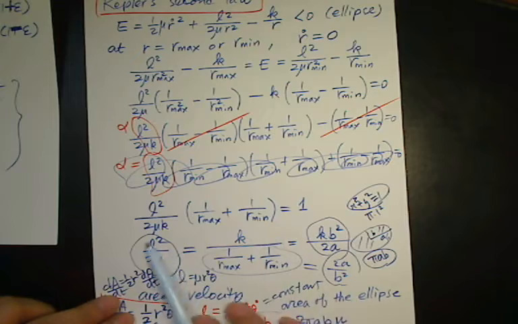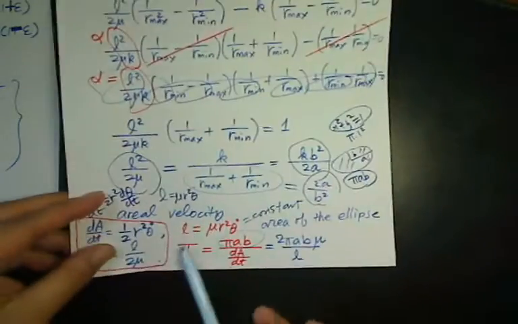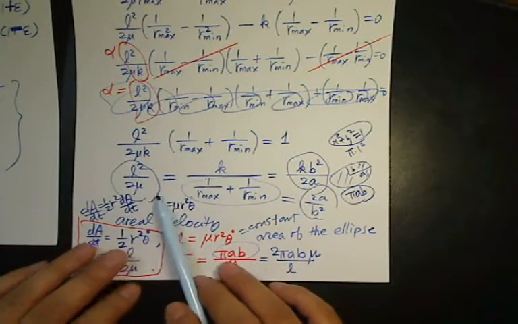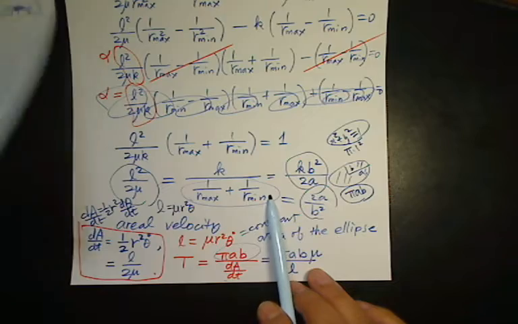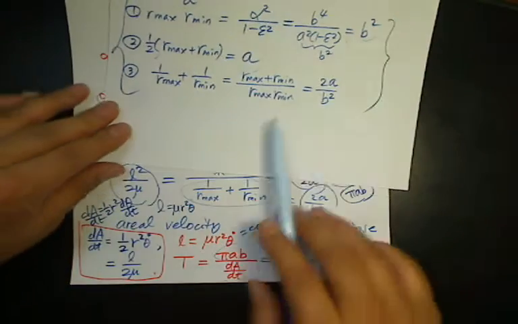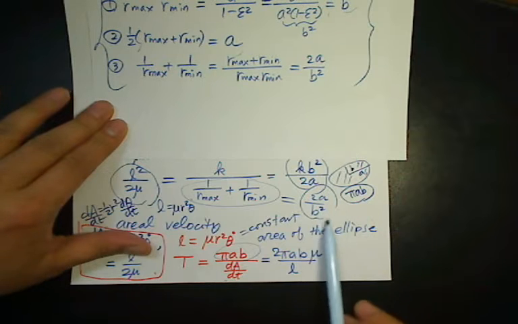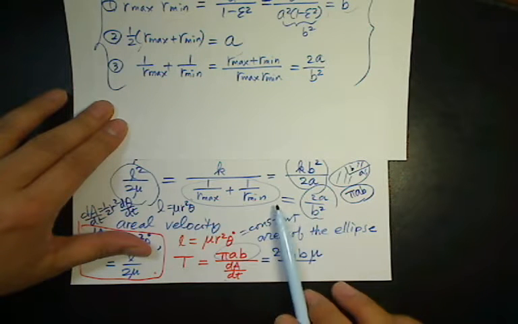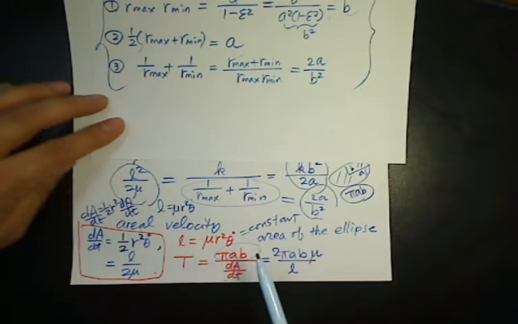L squared over 2 mu is k over this value, and that value is already obtained: 2a over b squared. If I substitute 2a over b squared in here, k b squared over 2a is this.